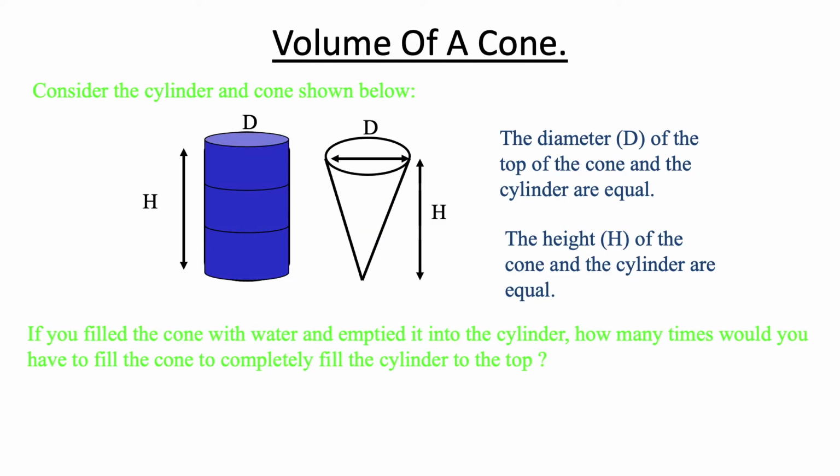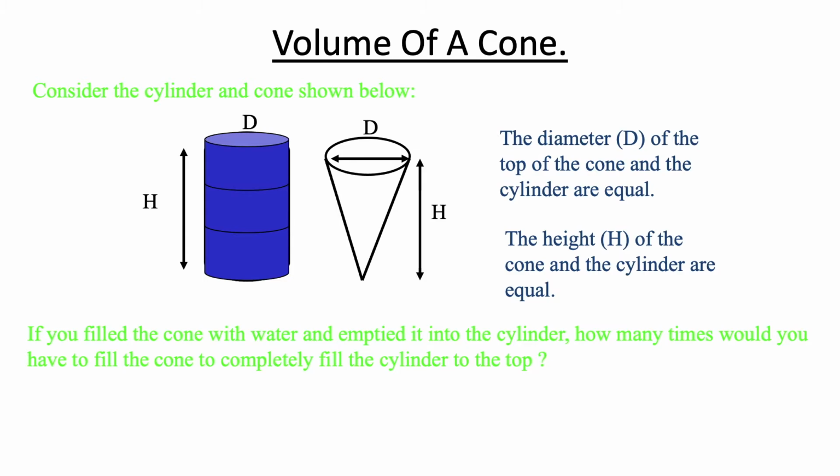It goes 3 times. By definition, what this means is for a cone that has the same diameter as the cylinder and the same length, the contents of this cone go into the cylinder 3 times. That means the cone is 1/3. If it's full, it's 1/3 of a cylinder.